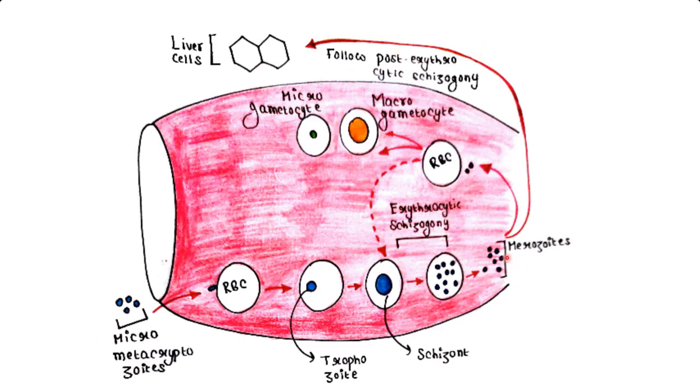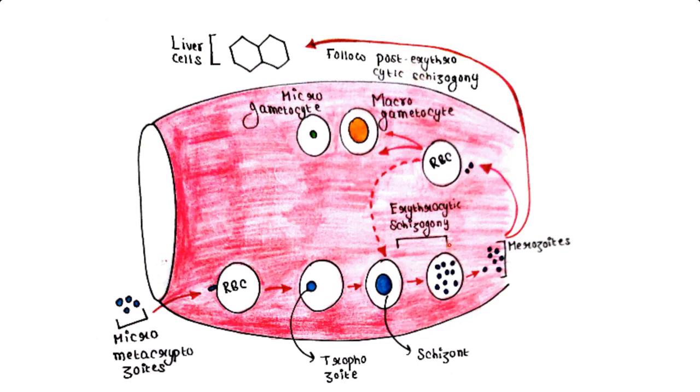And some merozoites may again go from the blood to the liver cells and invade them to undergo another phase of asexual multiplication, which is called post-erythrocytic schizogony. This is called post-erythrocytic schizogony because this occurs after the RBC or erythrocytic cycle. And this cycle continues and a huge number of merozoites get liberated.